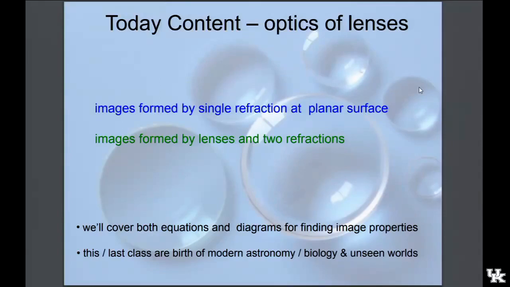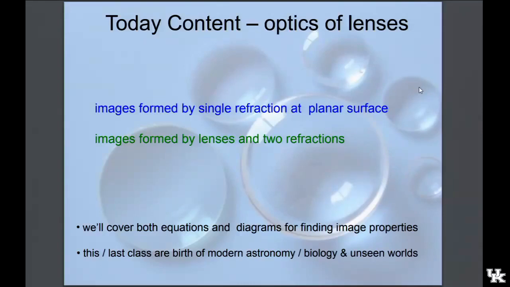A lot of what we do today will be similar to what we did in the last class. The ray tracing is very similar to what we did in the last class with mirrors. The equations we'll use are very similar to what we used in the last class. So this class is really building on the last class.